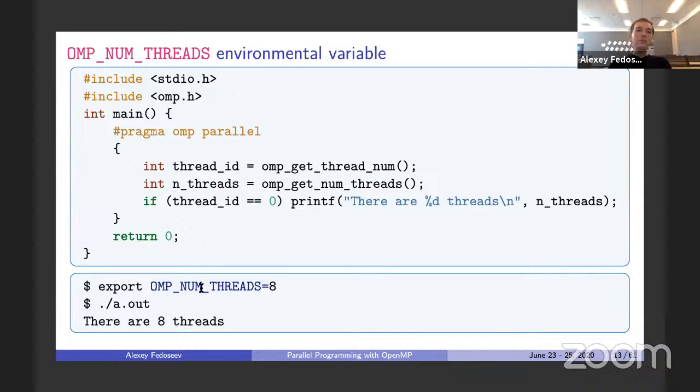If I just set it to, let's say, 1, I basically get a serial code without needing to comment anything inside of my code. So you basically can run your code with OMP_NUM_THREADS set to 1, 2, 3, 4, and you will see the difference in the performance.